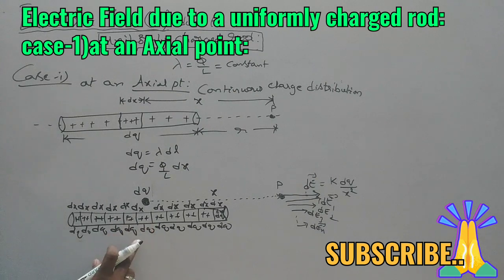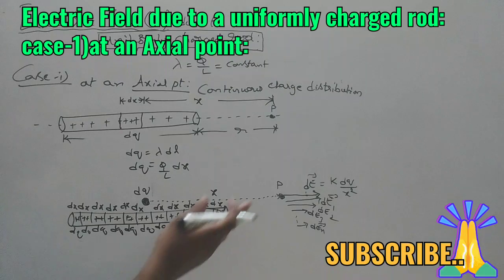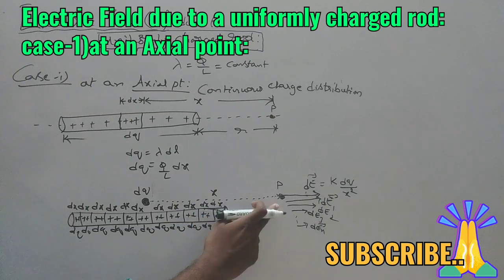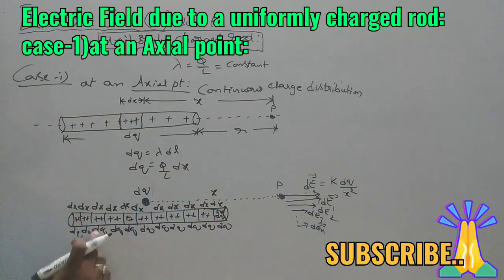But since here the charge is a continuous distribution, to add like that, in mathematics we have another technique, that is integral calculus. We use the technique of integral calculus and find the total electric field due to this whole charge distribution at point P.